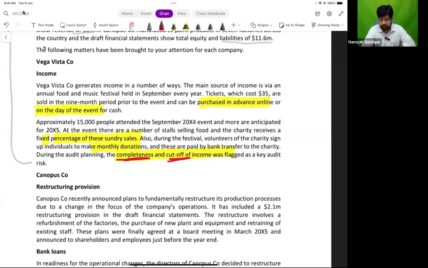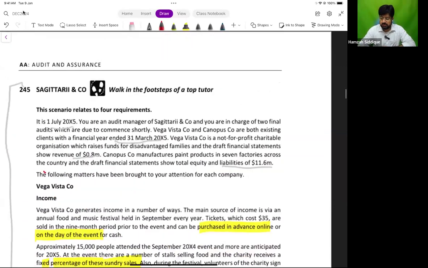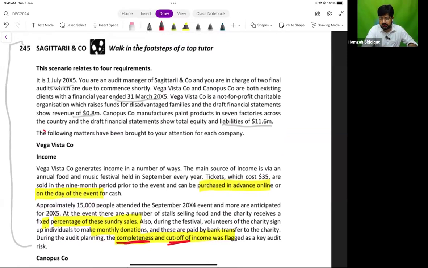So the question name is Sagittari and Company. I'm opening our document in front of you so that we can solve it.